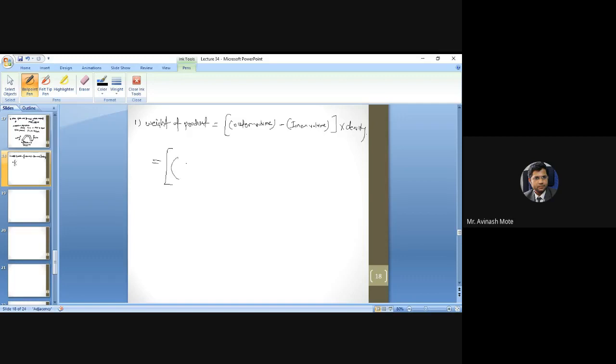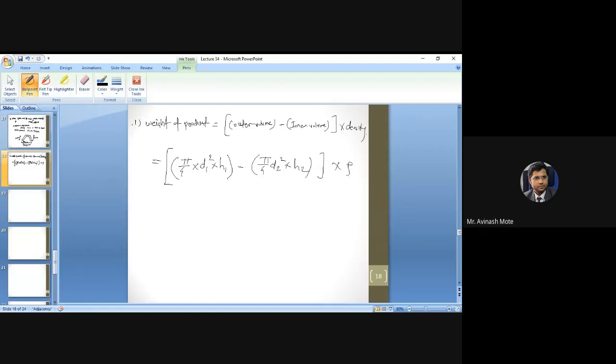Being a circular product, the area is pi by 4 d1 square, into h1. This is the area and this is the height, so it will be the volume. Larger one minus smaller one, pi by 4 d2 square into h2, multiplied by density.